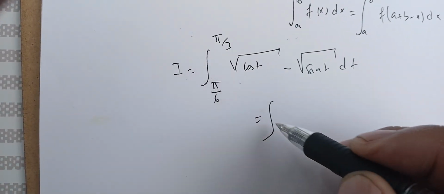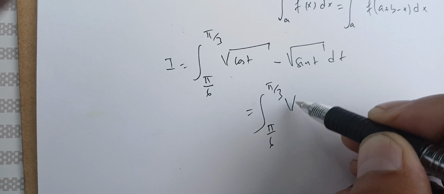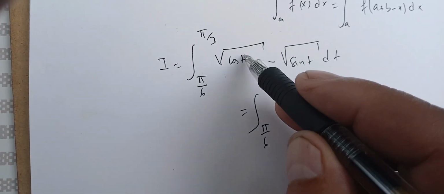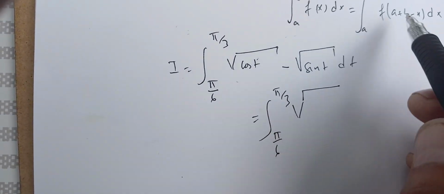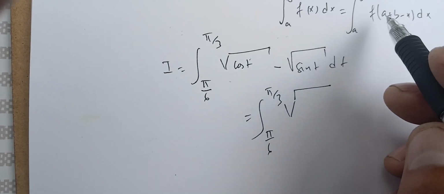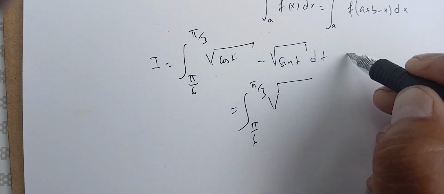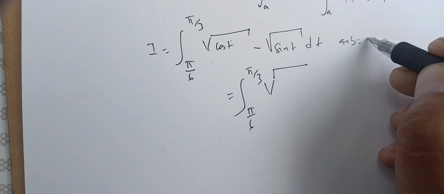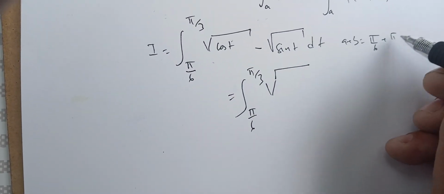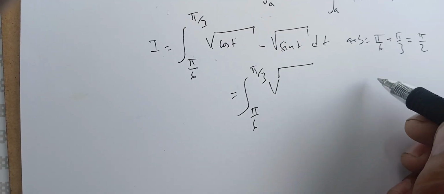Now, the bounds will not change, but our function will change. Here we have the cosine, so our f is going to be f of a plus b minus x. In this case, a plus b is pi over 6 plus pi over 3, which gives us pi over 2.